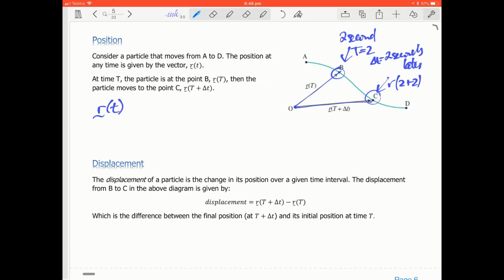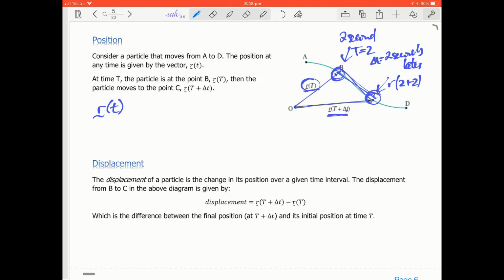Our displacement is from here to here. We know that we've gone from r of big T plus the change in time, minus our initial position. That will tell us what our displacement is from where we started.